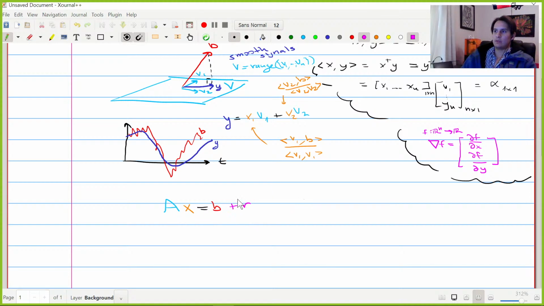So basically, to remove this residual, we had to take into account that this residual is perpendicular to the range of A. That means that if we applied the dot product with all the different basis vectors, basically we remove the component r, and that is exactly the same as applying A transpose from the left.